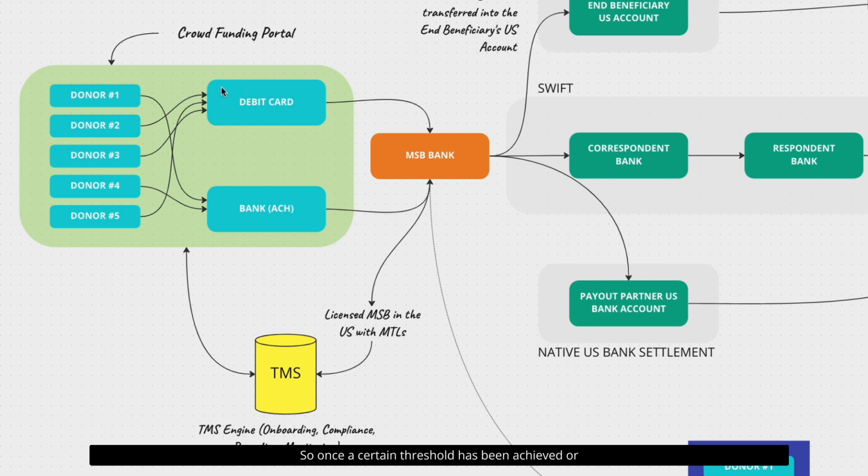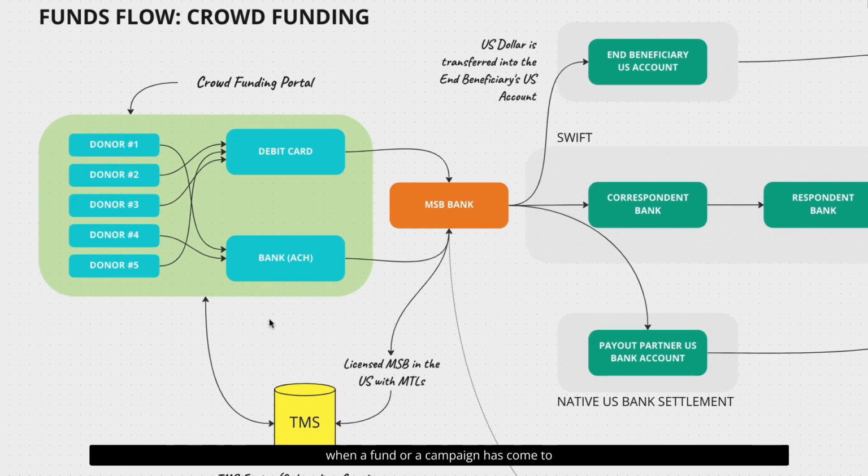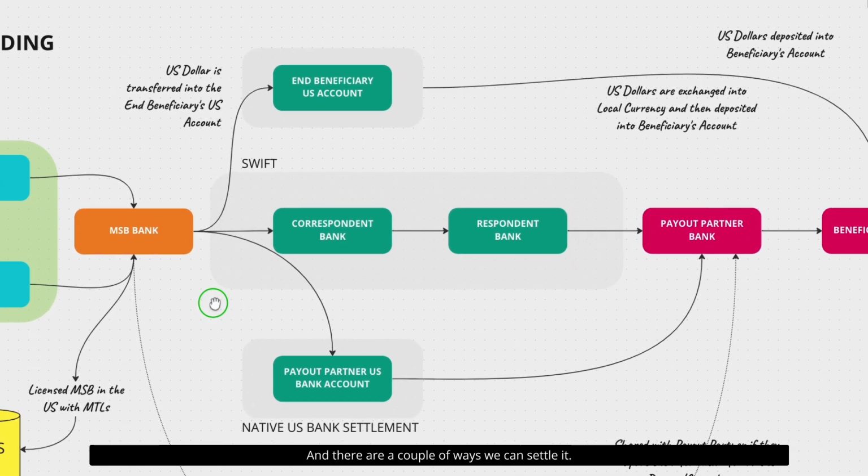Once a certain threshold has been achieved, or when a fund or a campaign has come to its end, there is money sitting with this MSP bank, and that needs to be settled. There are basically two ways we can settle it.